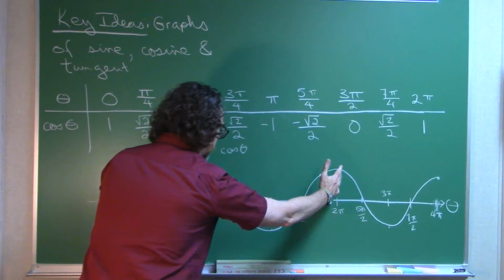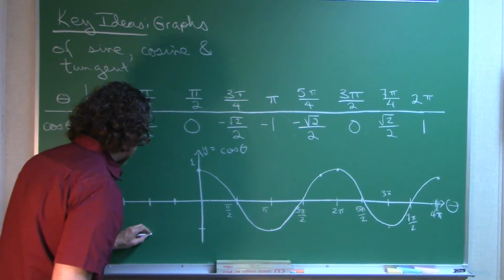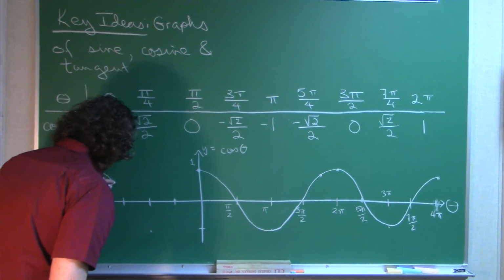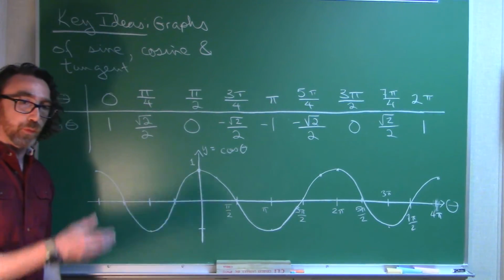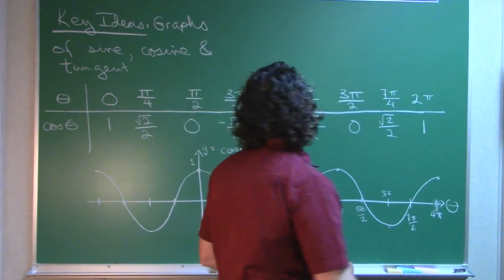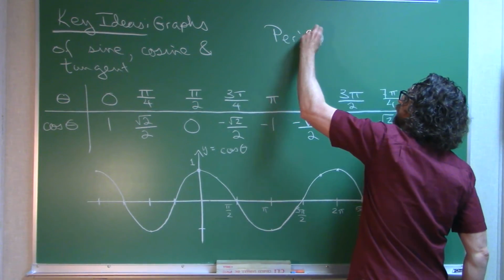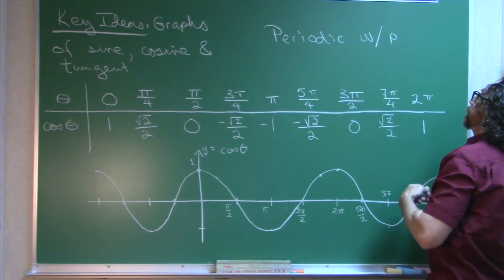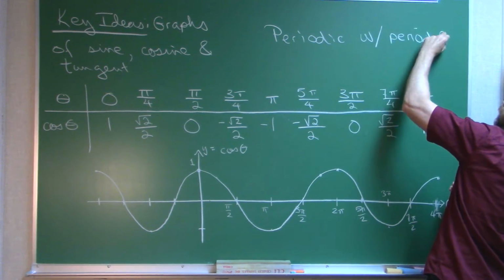This would be right here. So the graph y equals cosine theta is what we call periodic with period 2 pi.